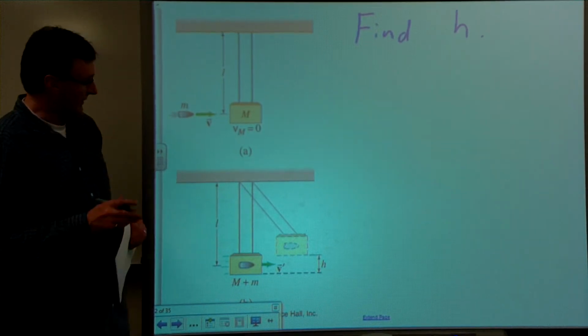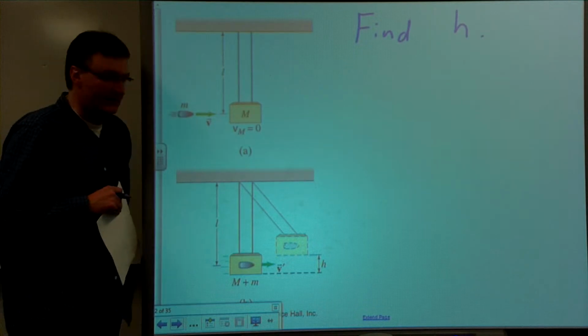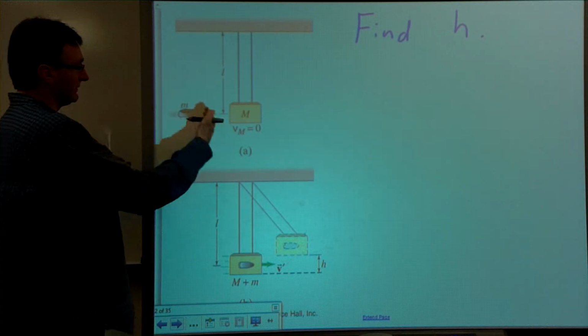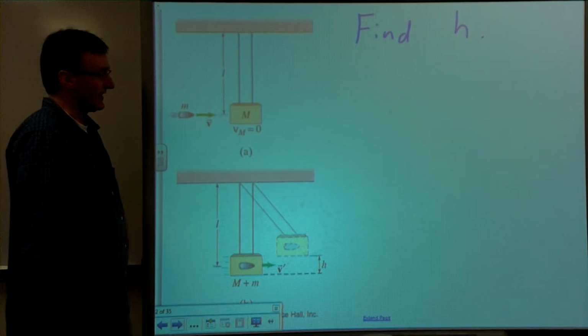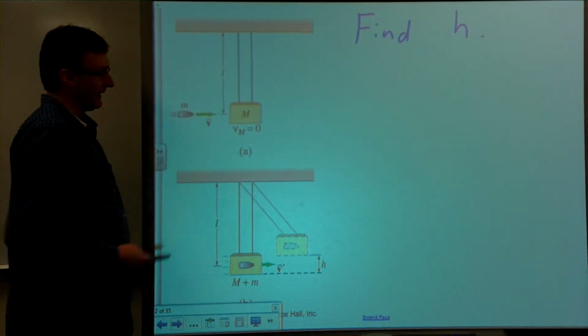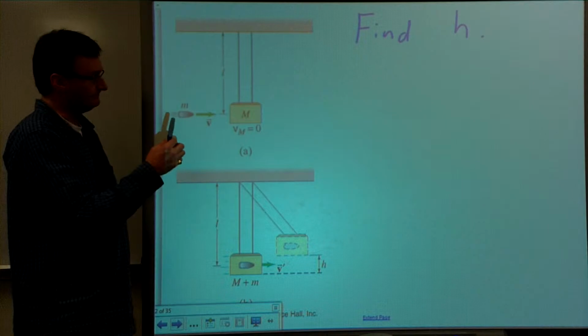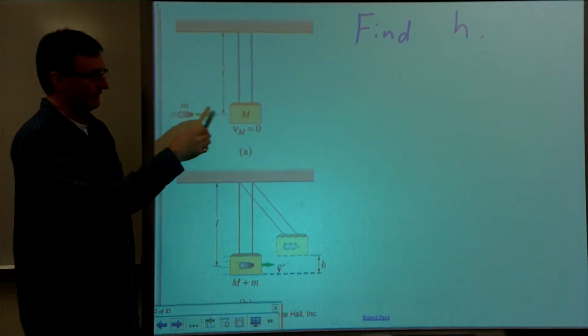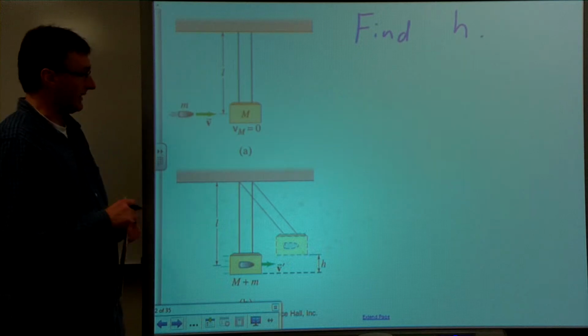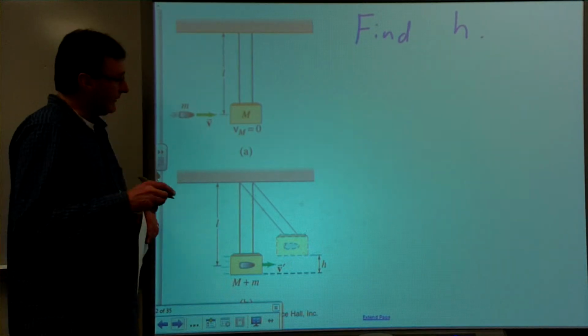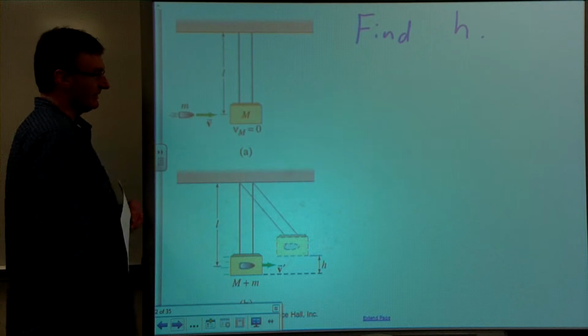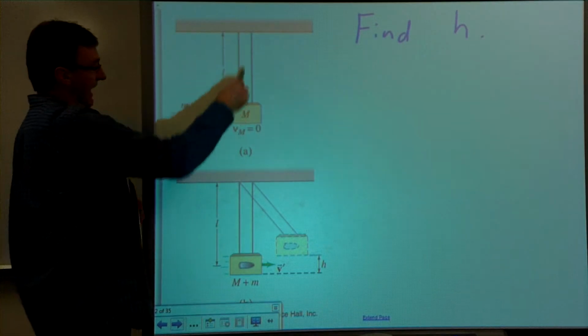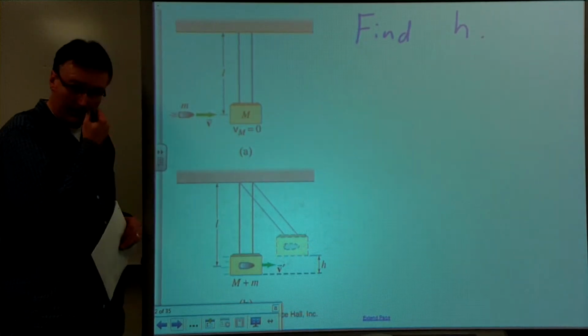We'll put some numbers in here in a minute, but this is an older kind of setup whereby they're able to get ballistics information in terms of the velocity of a bullet that's fired from a gun. They shoot it into some ballast that's hanging from some string or rope.